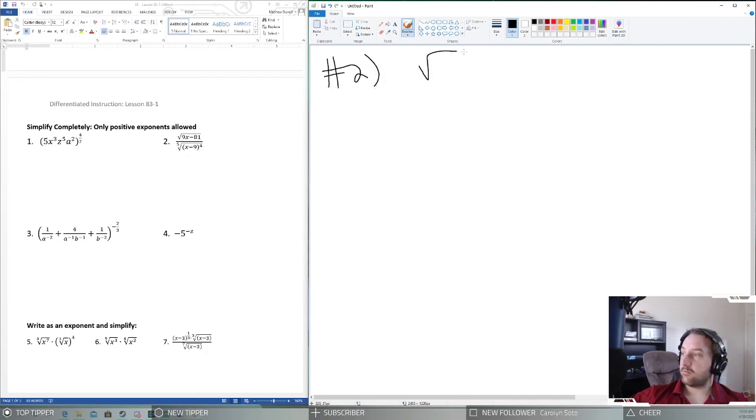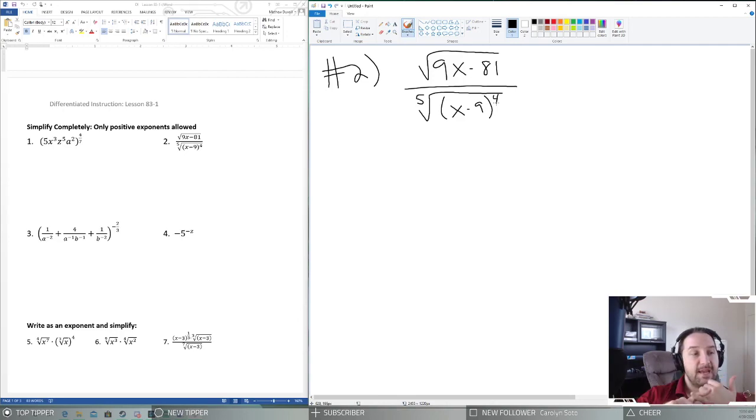So I have the square root of 9x minus 81 over the fifth root of x minus 9 to the fourth. So a few things here. First, can I simplify my square root at all? If there's ways for us to simplify the square root, we need to simplify it. And then we should convert our roots into exponents to see if things will cancel out.